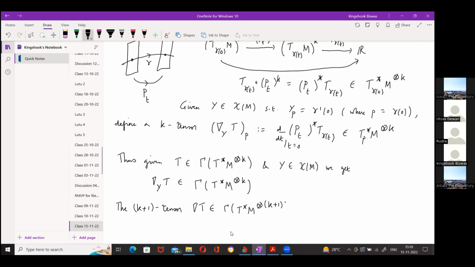This is defined by nabla T of x1 to xk comma y. What you do is you first differentiate the tensor with respect to y. So you look at nabla Y of T. So this is a k tensor, right? This nabla Y of T. This then you act on these k vector fields. Is this clear?